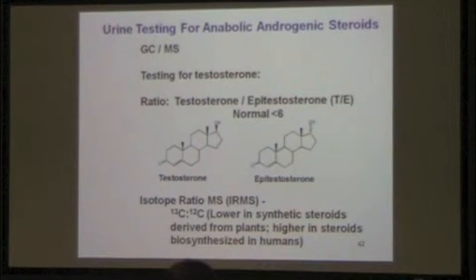Not that plants make testosterone or estrogen, but plants, especially plants from the potato family, sweet potatoes.